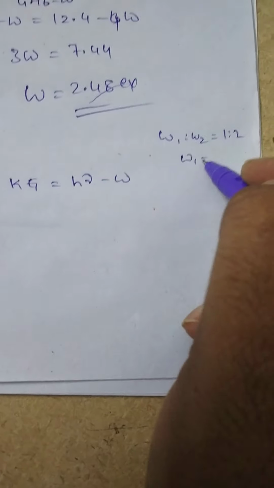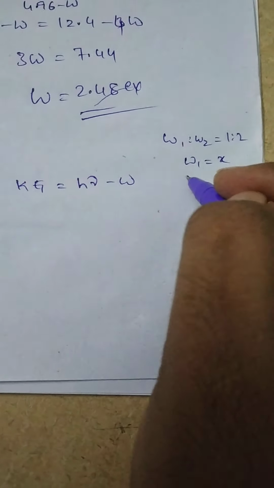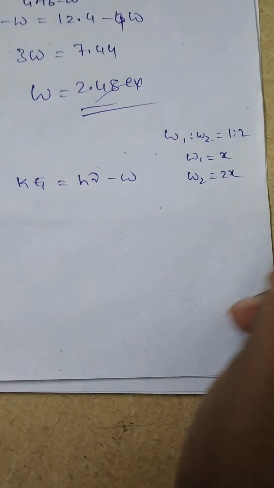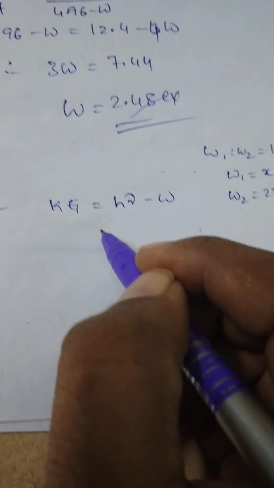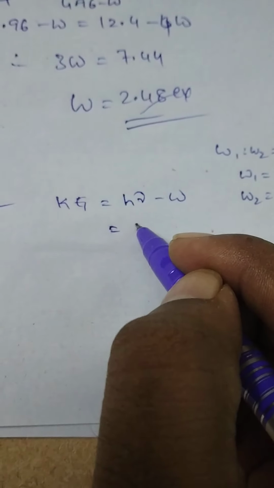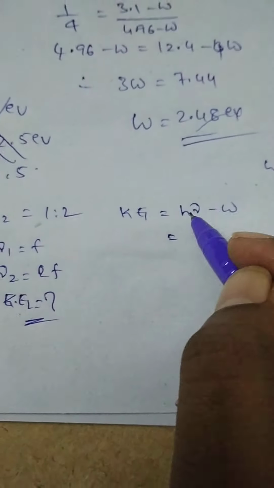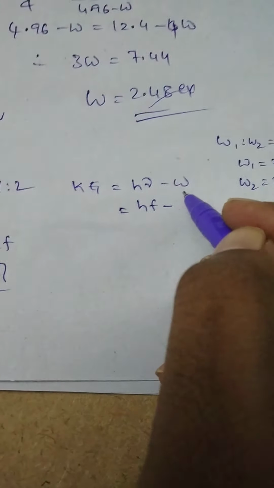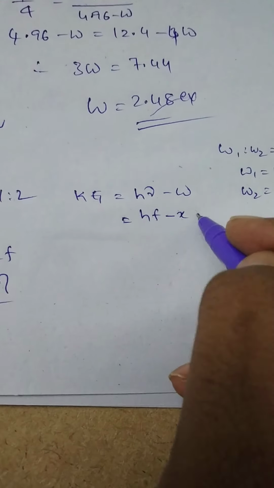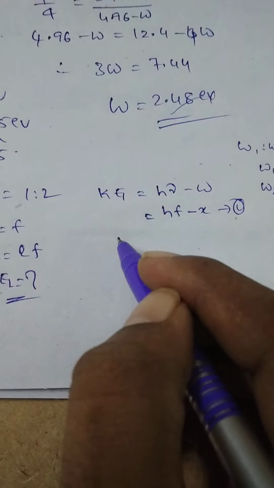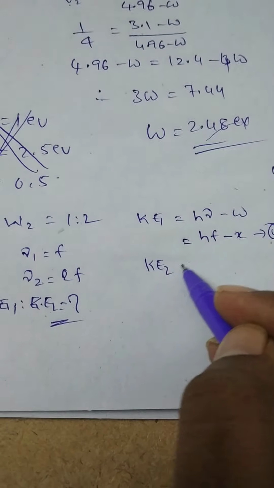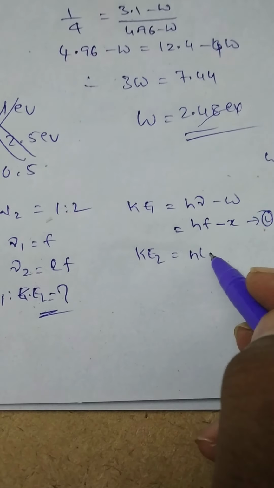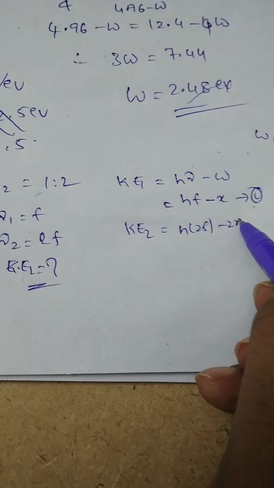For example, W1 is equal to X, then what is the value of W2? 2X. So Ke1 is equal to h into the frequency of the first photon, which is F, minus W1, which is X. It is equation 1. In the second case, Ke2 is equal to h into 2F minus 2X.